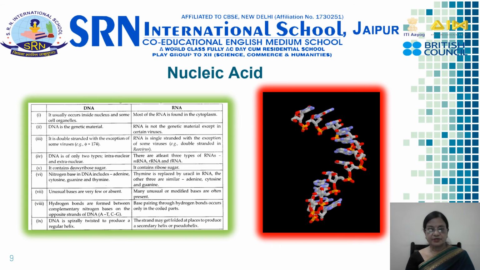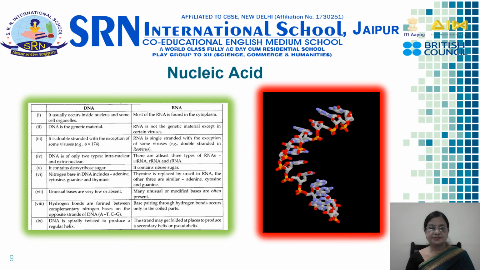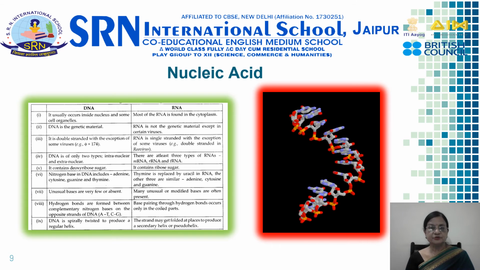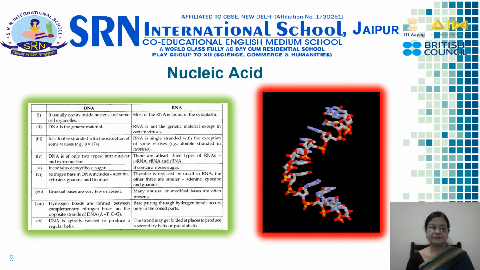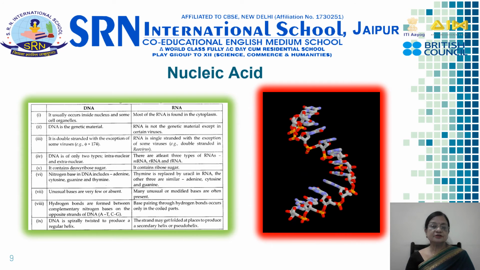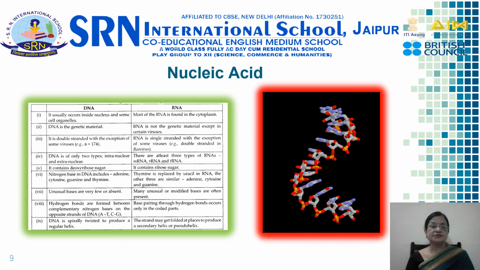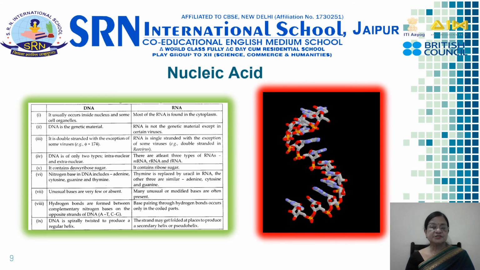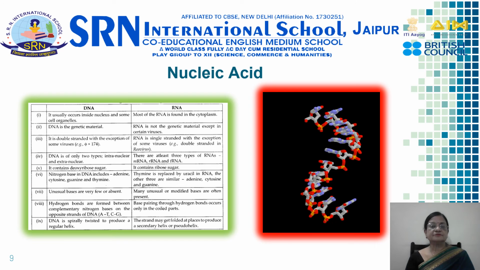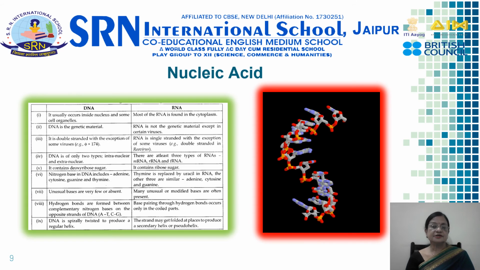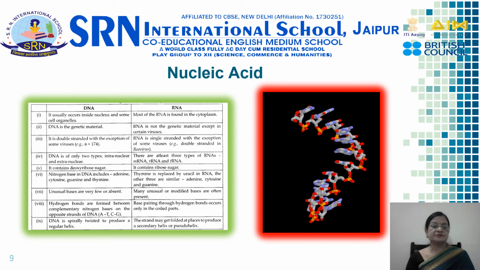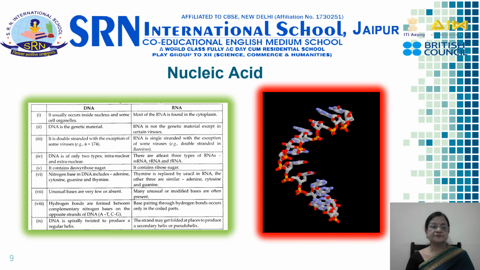Nucleic acids are of two types: deoxyribonucleic acid, that is DNA, and ribonucleic acid, that is RNA. DNA usually occurs inside the nucleus and some cell organelles, whereas RNA is present in the cytoplasm.